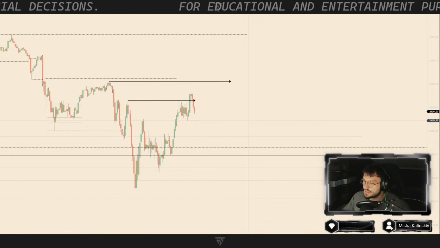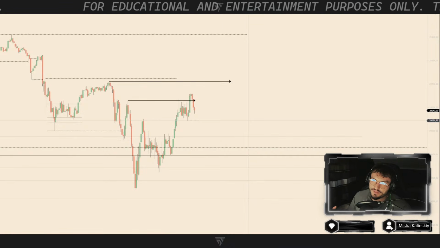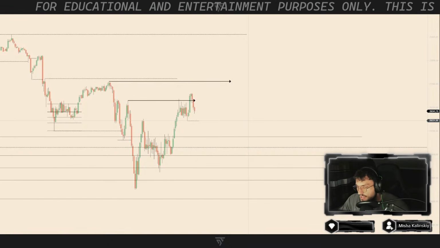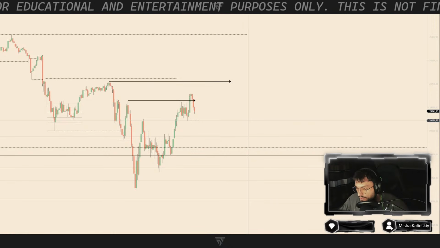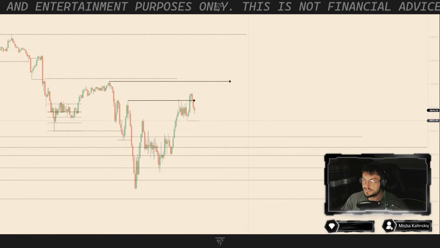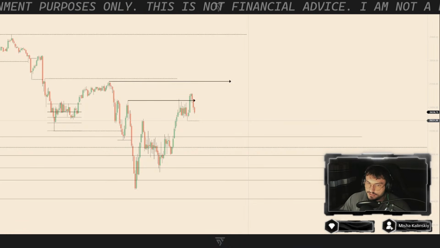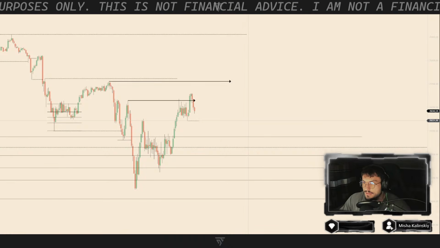They're lagging indicators. So what he means by that is the indicators don't usually give you the real-time representation of what price is doing. That's why I don't personally like to use them, but they could be useful.